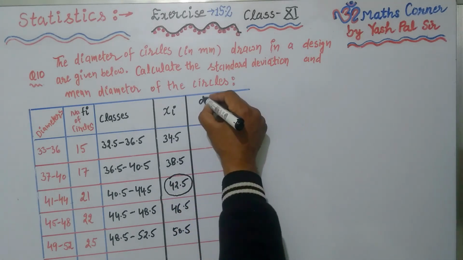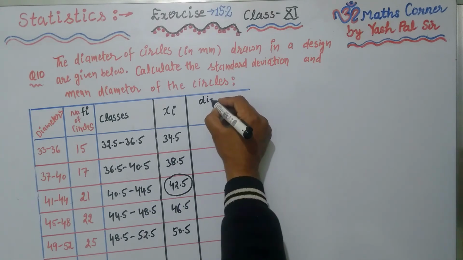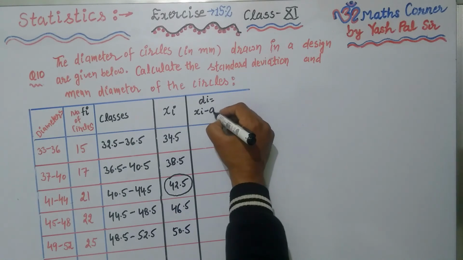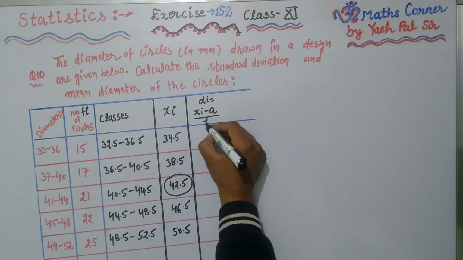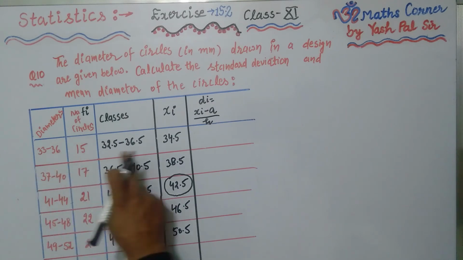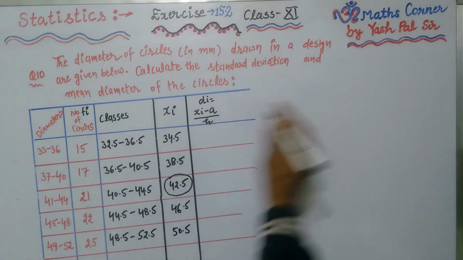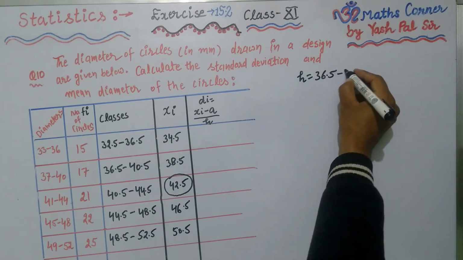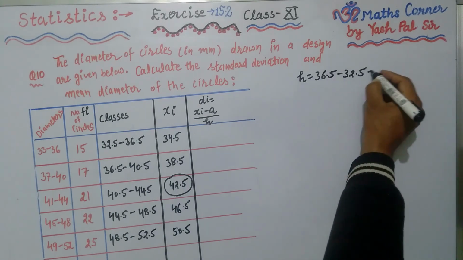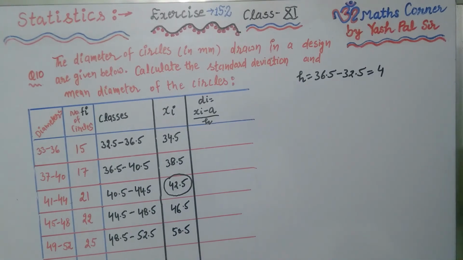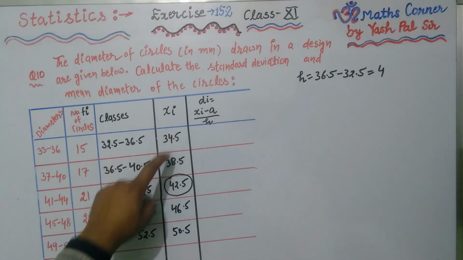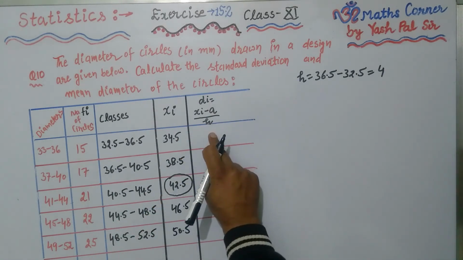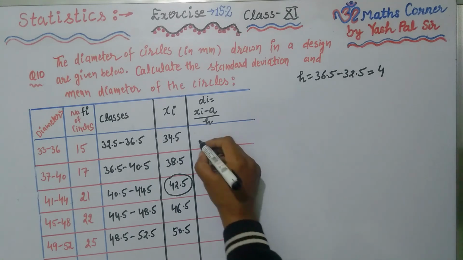Here we find the value of di, which is equal to xi minus assumed mean, divided by h. h means the length of the class interval. h is equal to 36.5 minus 32.5, which is equal to 4. Now 34.5 minus 42.5 is minus 8. Minus 8 divided by 4 is minus 2.